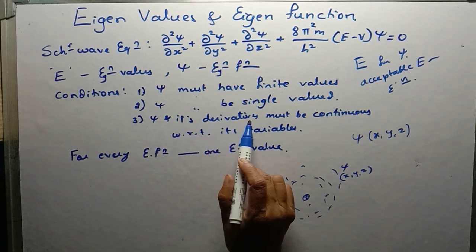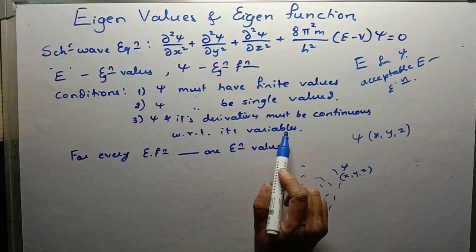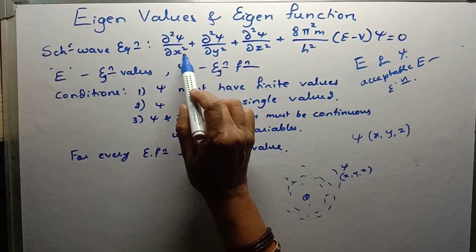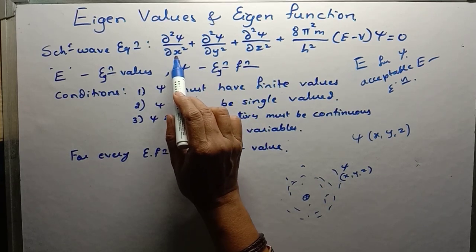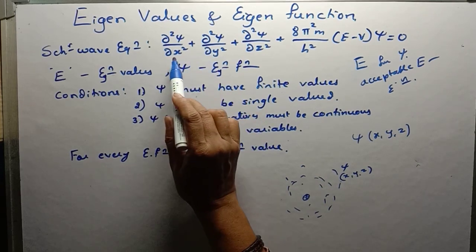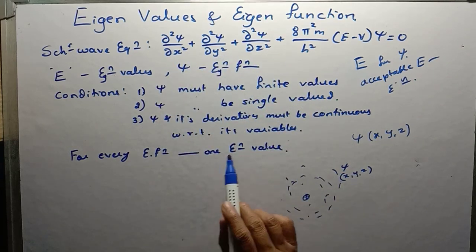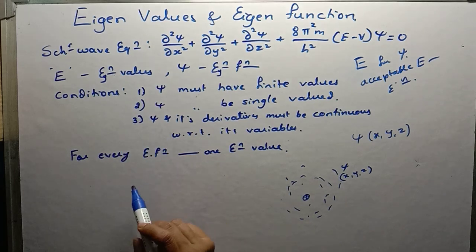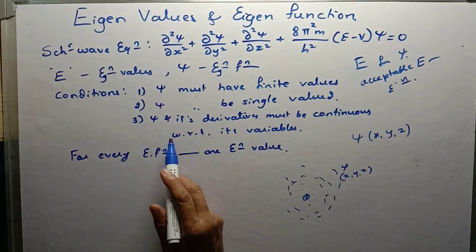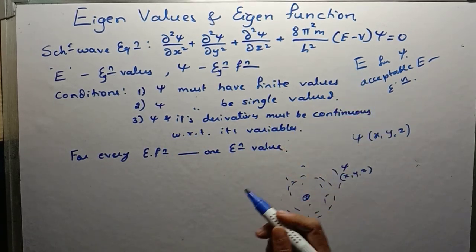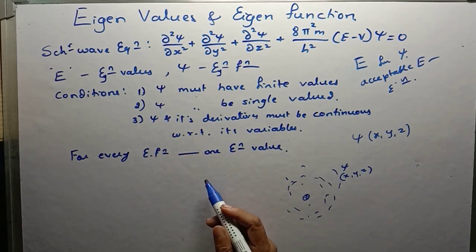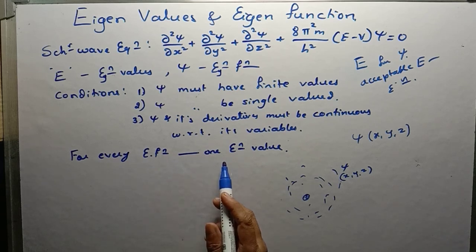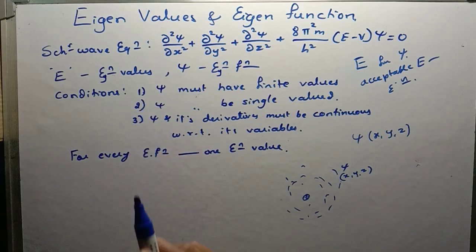And psi and its derivatives must be continuous with respect to the x, y, z variables. If it obeys these conditions, then the resulting value is said to be an eigenvalue and the corresponding psi is said to be an eigenfunction. Therefore, for every eigenfunction there is one eigenvalue.